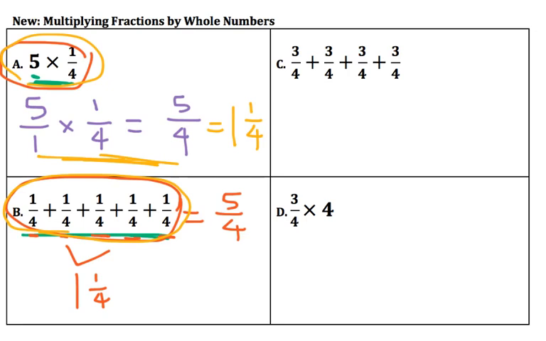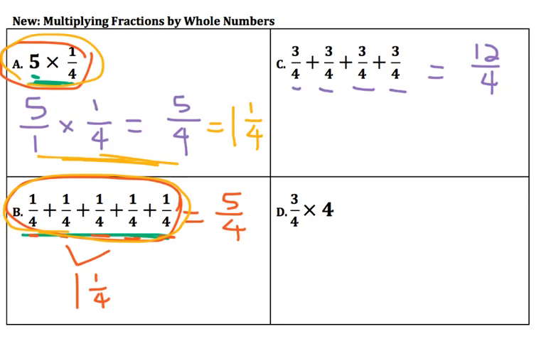So same idea for C and D. In C we have 3/4 plus 3/4 plus 3/4 plus 3/4. If I think about that, that would be 3, 6, 9, 12/4. And 12/4, let's convert that into, well, that's more than one whole, right?